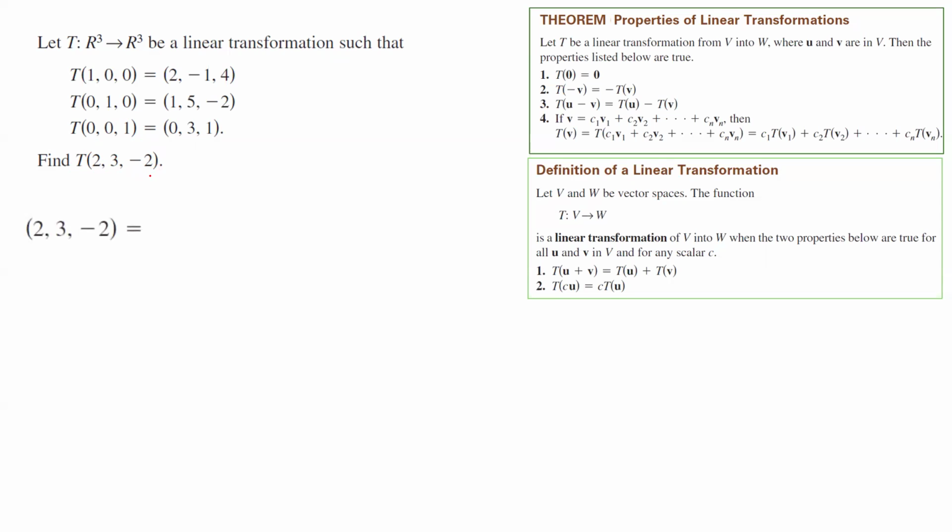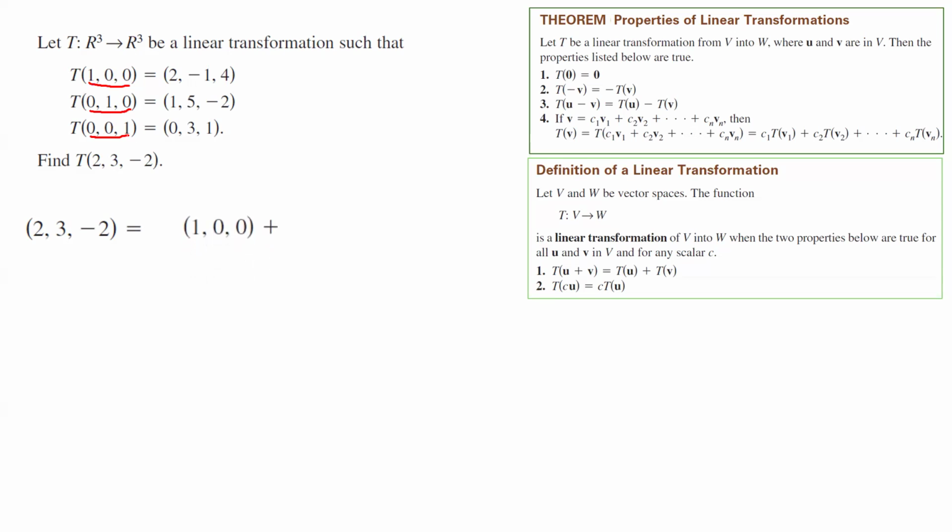Well, okay, let us begin. I have (2, 3, -2). Is there any way that I can take this vector and write it as a linear combination of the members of the standard basis? It's not that difficult to see.